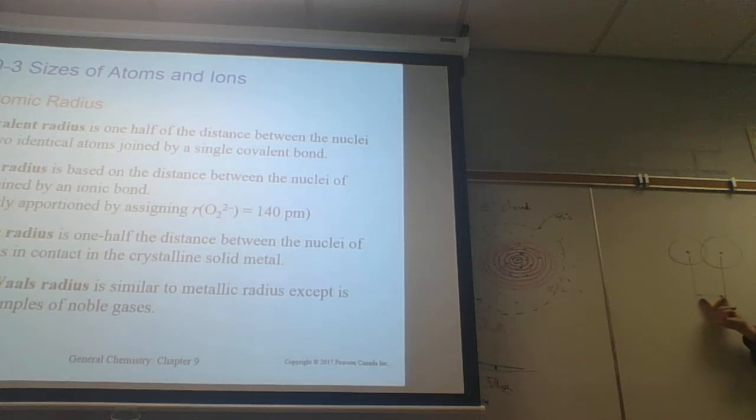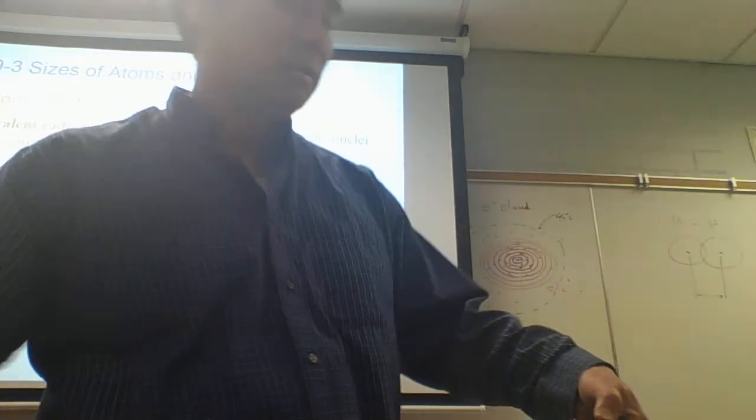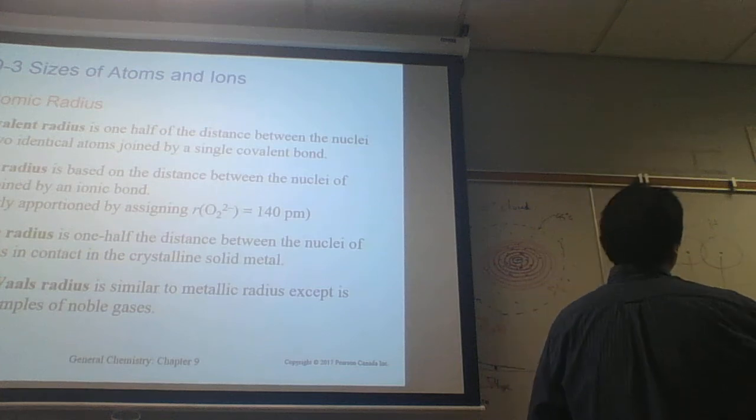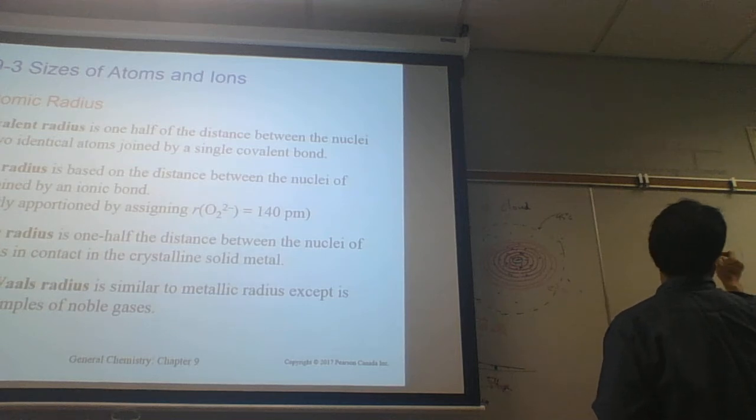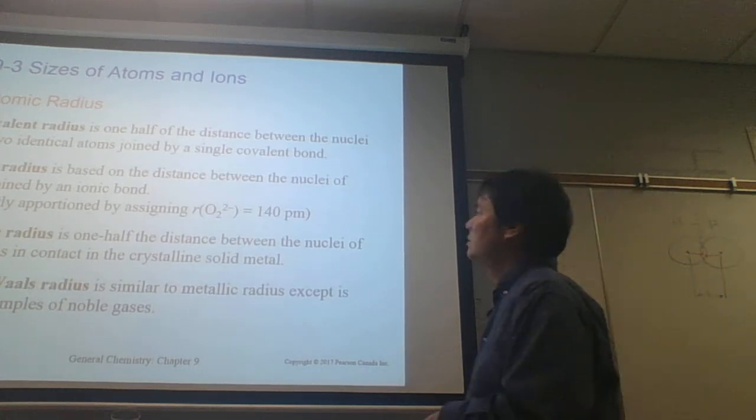When we measure the distance between two hydrogen atoms, this is HH, and then cut that in half, that's what we call the covalent radius. So the covalent radius would be half the distance between the two H atoms. And so this would be the radius of the hydrogen atom. So that's the covalent radius.